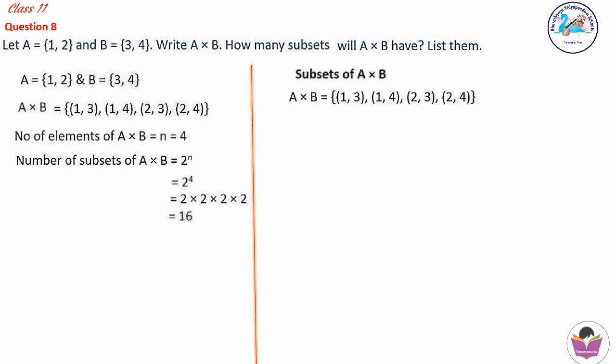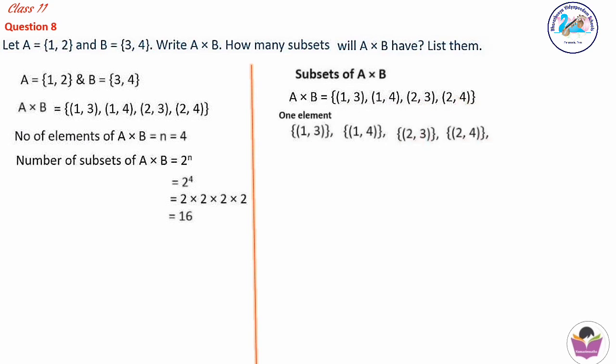The subsets of A cross B, where A cross B is {(1,3), (1,4), (2,3), (2,4)}. To write subsets, first we have to form a particular pattern. When we follow a pattern, it will be easy to make the subsets. First let's go with the single elements: {(1,3)} is one subset, {(1,4)} is another, {(2,3)} is the third, and {(2,4)}.